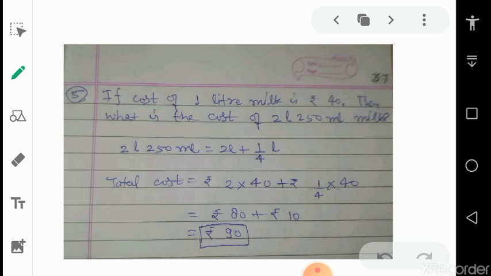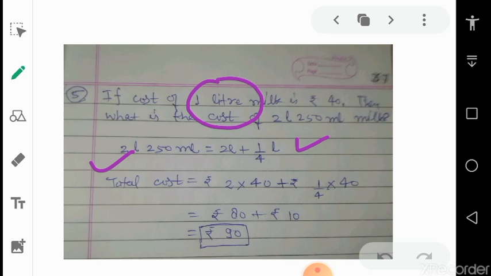Now what values should be multiplied together? As the cost of liter is given, here you can see in the circle this liter is given, so we will convert the whole quantity into liter, as 2 liter 250 milliliter is converted as 2 liter plus 1/4 liter, because 250 means 1/4.